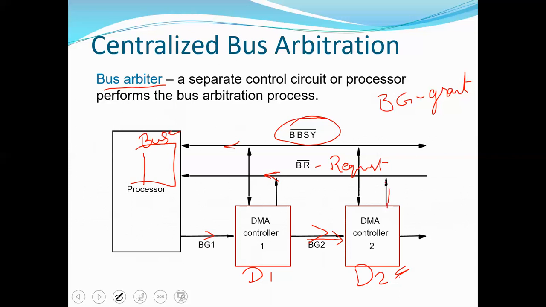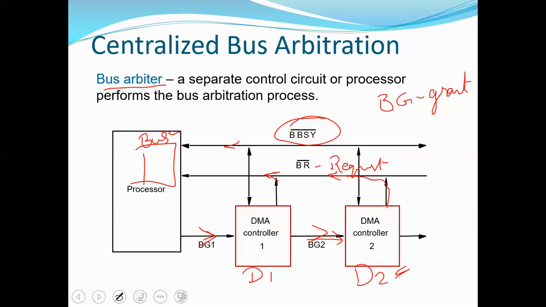The request moves from device 2's DMA controller to the bus arbiter. The bus arbiter does not know from which device the request has come. It just sends the bus grant to the first device.